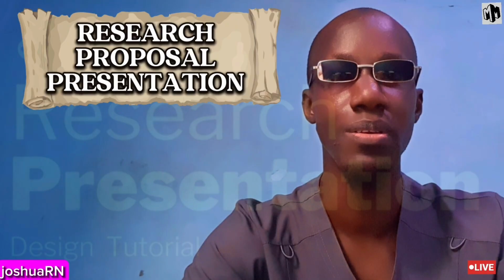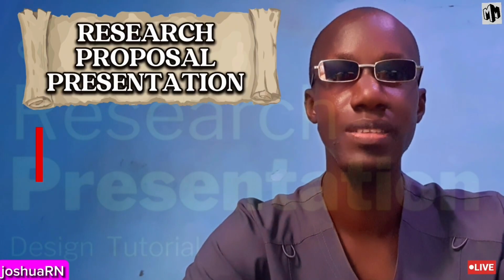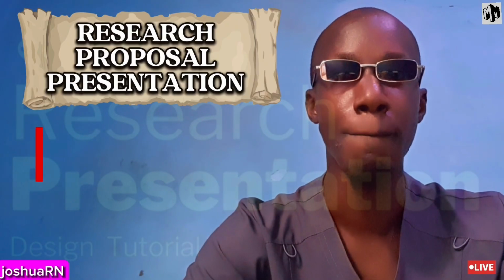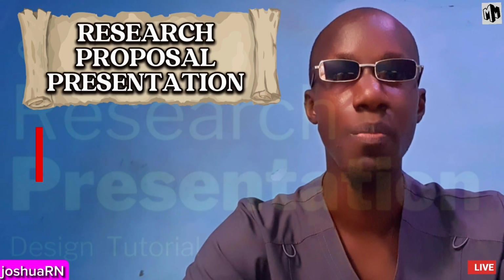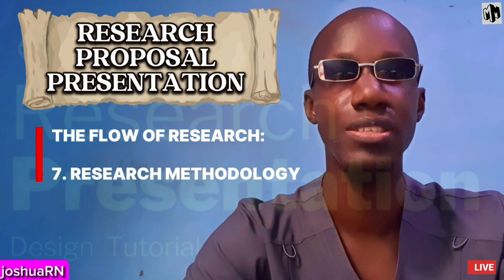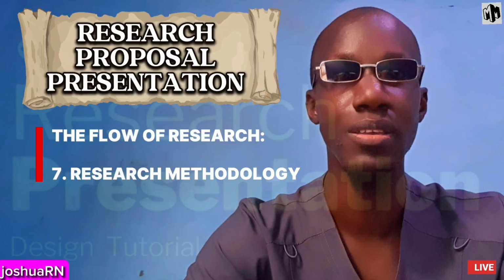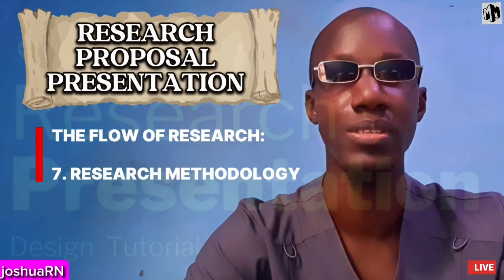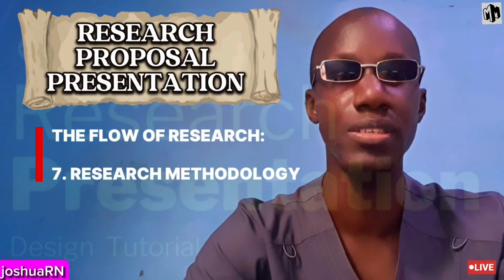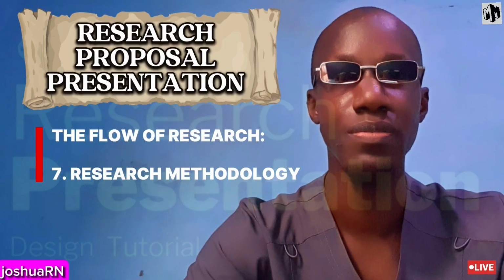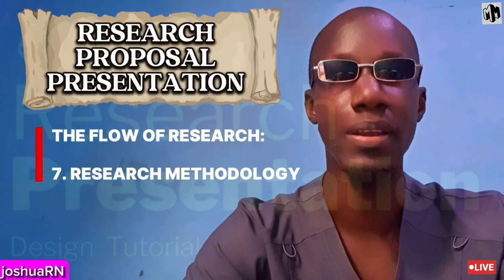Then for the methodology, that is, research methodology. Under methodology, you'll need to state your research design, whereby you indicate the type of research methodology you are using and justify your choice of that methodology. Then population of study: identify the population, that is the target population, and justify your choice for that target population.